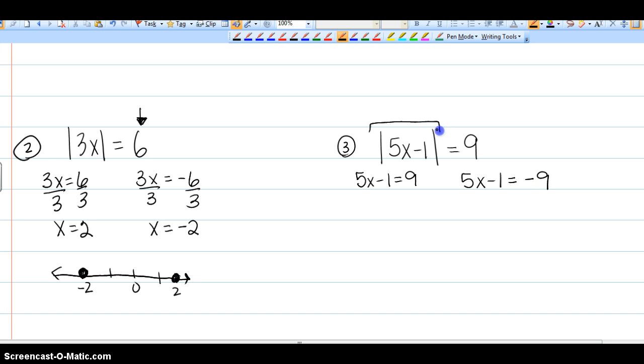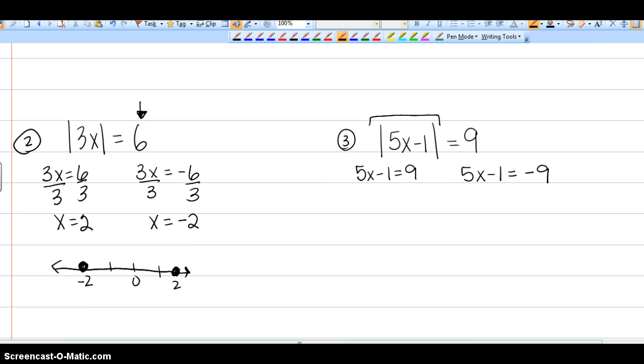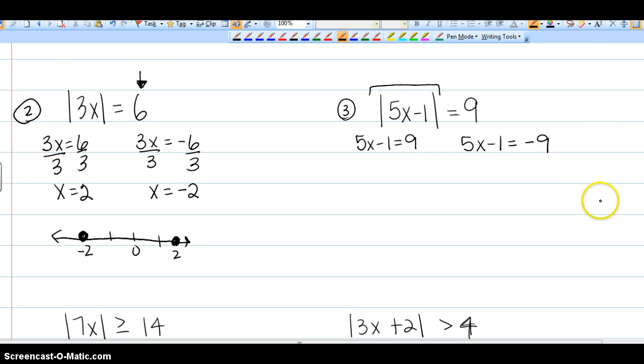Again, the absolute value does not change. It's what's equal to. When we do this problem, we will not necessarily get the same number, one positive and one negative. We're going to add 1. Divide by 5. So x is 2.